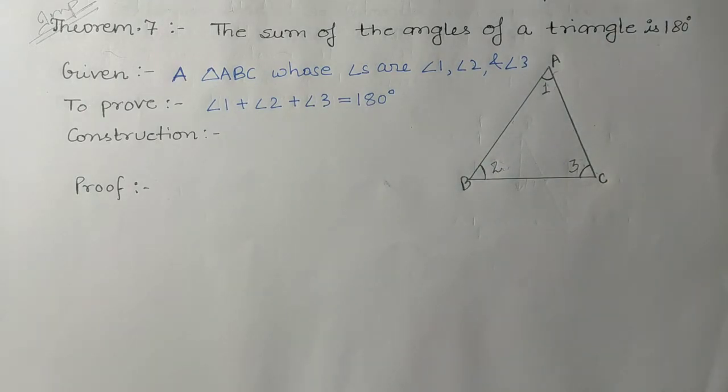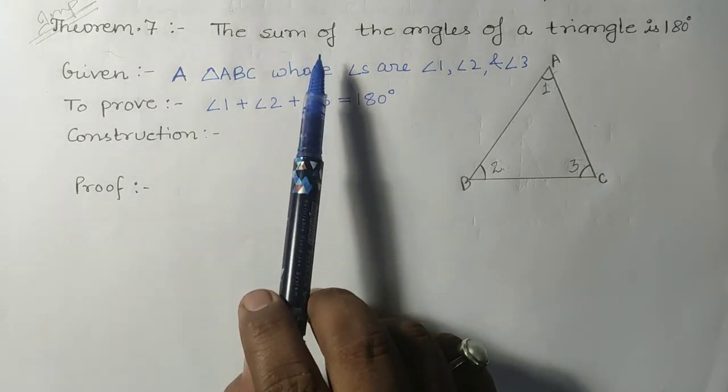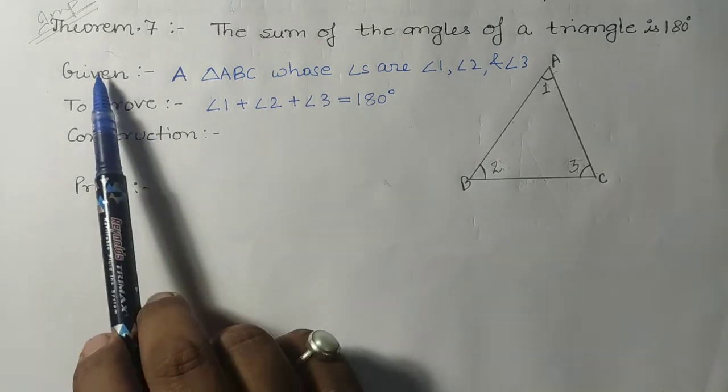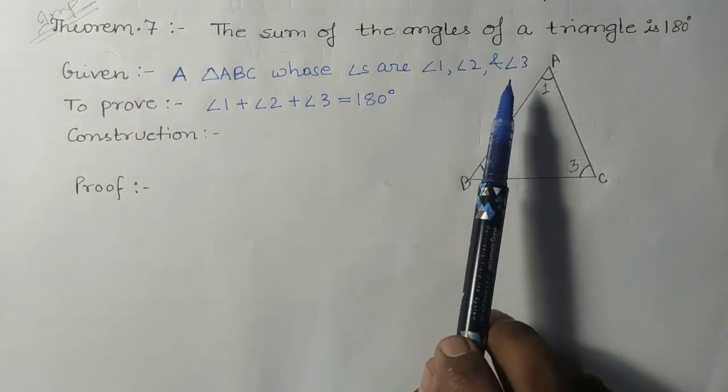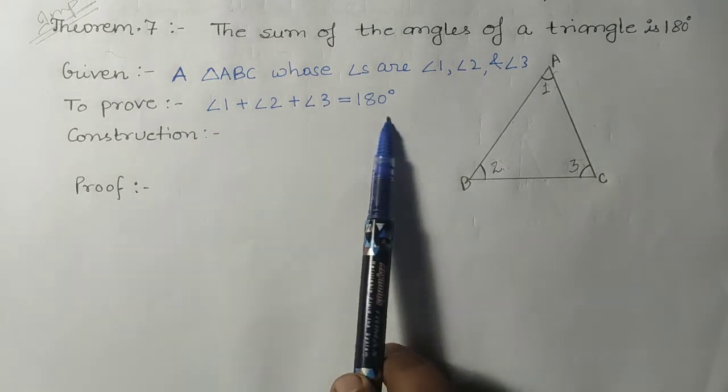Now it is clearer what is given: a triangle ABC whose angles are angle 1, angle 2 and angle 3. You have to think about what conclusion we can get from the statement, and that you will write in the given part. What is to prove, you will write here.